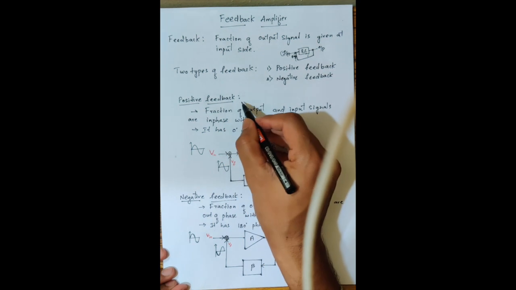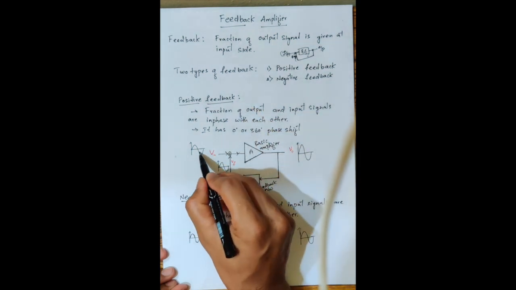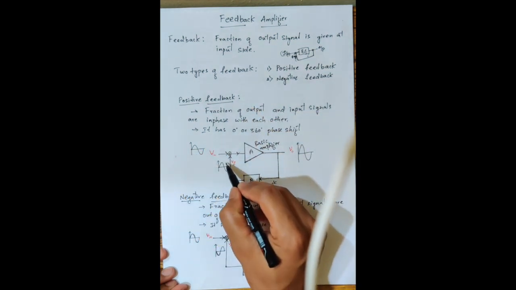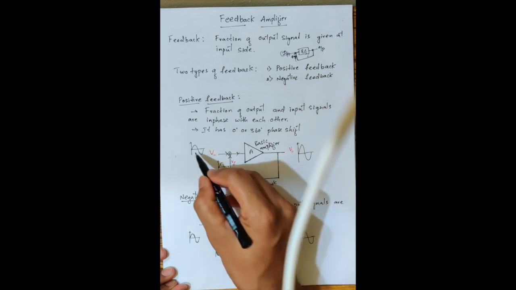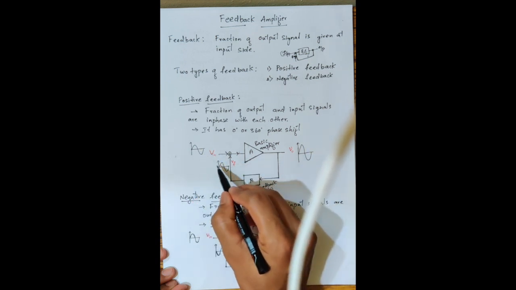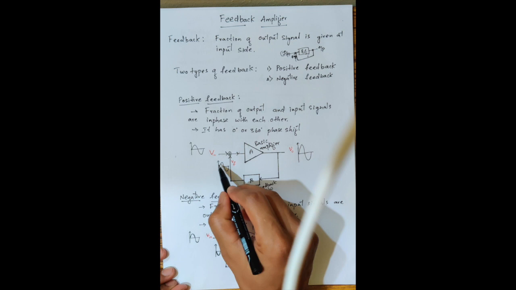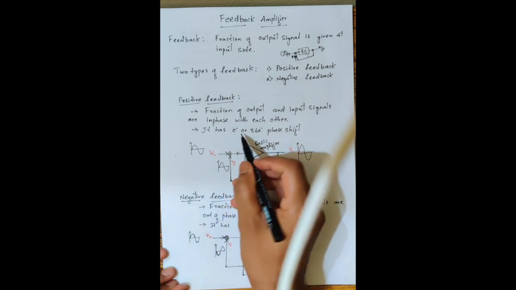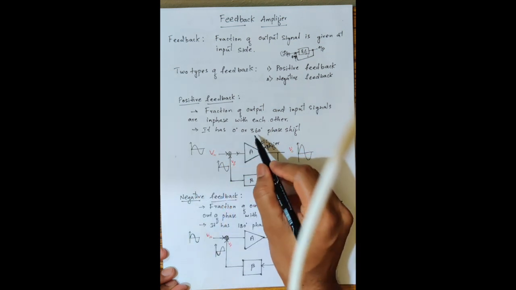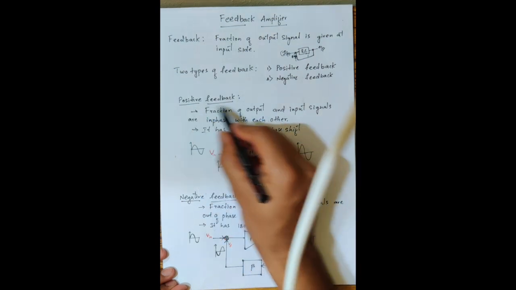In case of positive feedback, both the input signal and the fraction of the output signal will be in phase with each other here. That means the phase difference of these two signals will be 0 degrees or 360 degrees. So these types of feedback are called positive feedback.